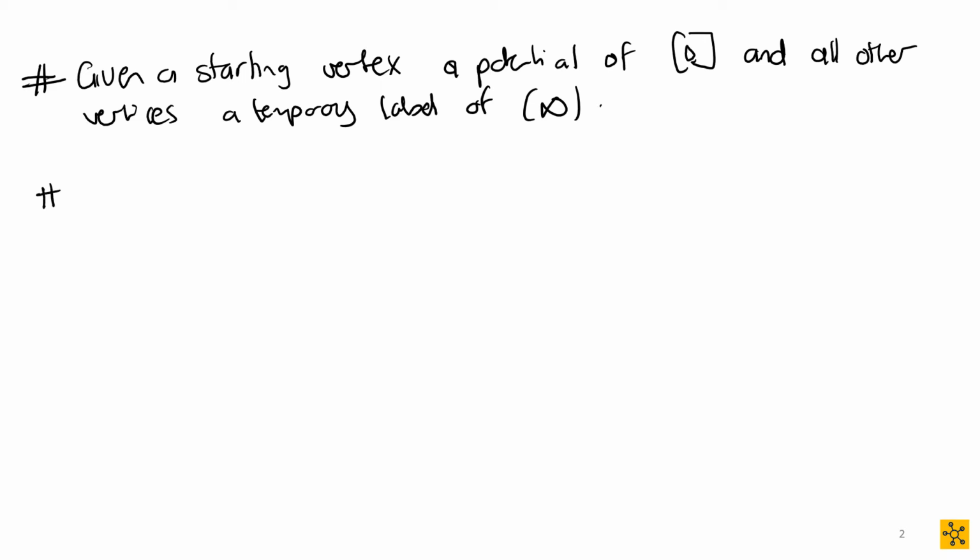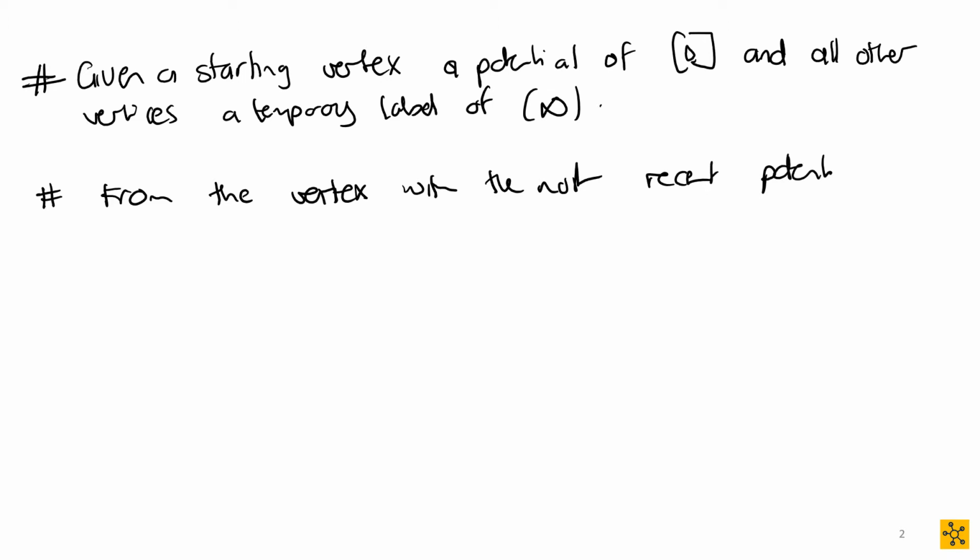So, from the vertex with the most recent potential. If you were just starting out, that would be your root vertex. You're going to look at every vertex adjacent to this one, and you're going to calculate the potential plus the weight of that incident edge, that adjacent edge to that vertex.